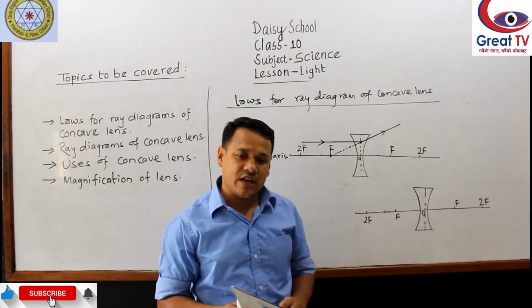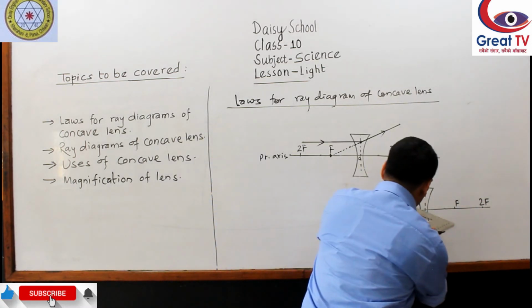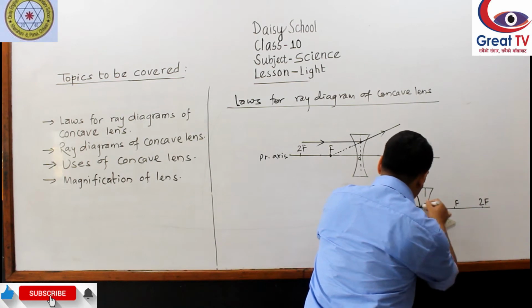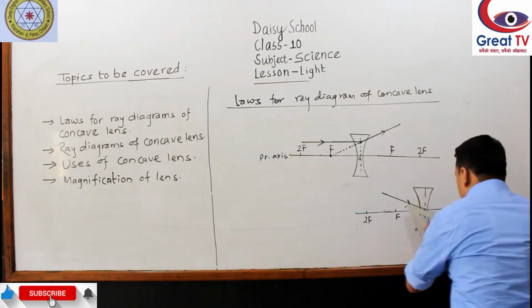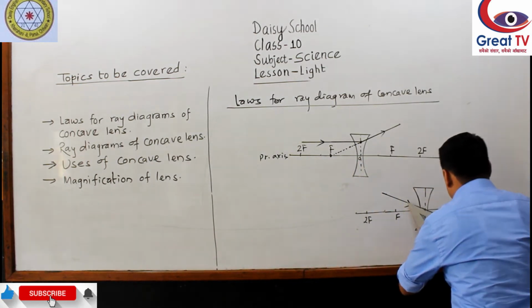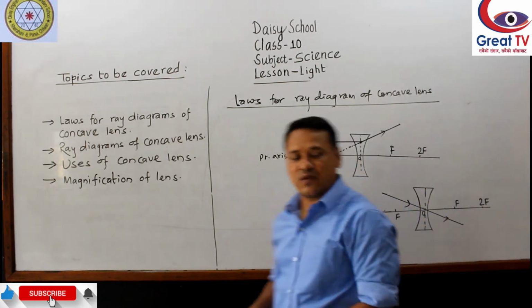In both concave and convex lens, same rule, okay? Light ray which is incident on the optical center passes without bending. This is the second rule for concave lens.